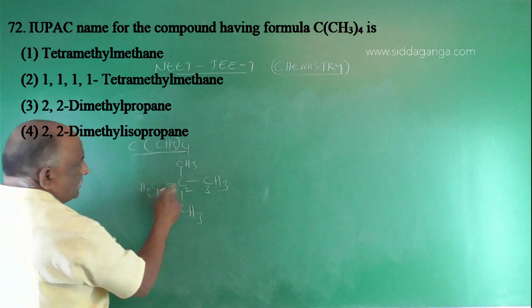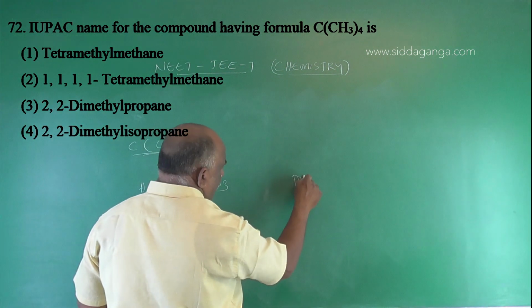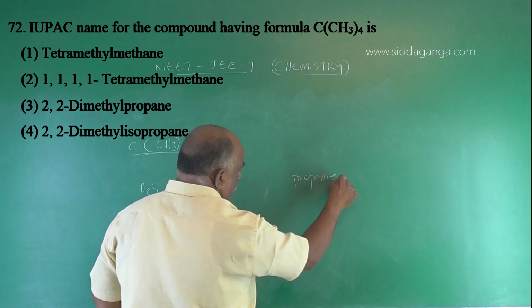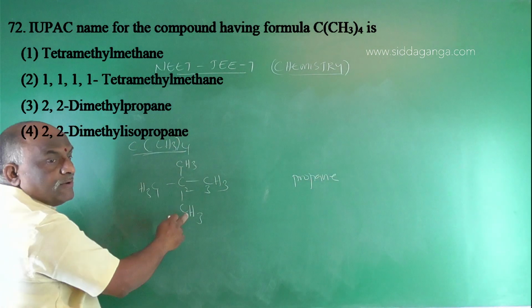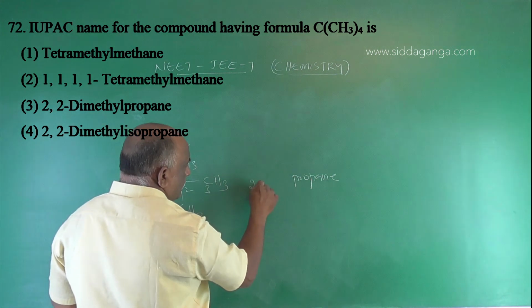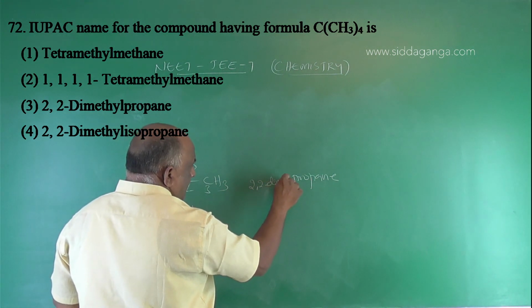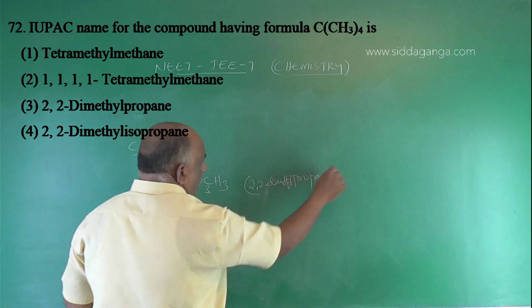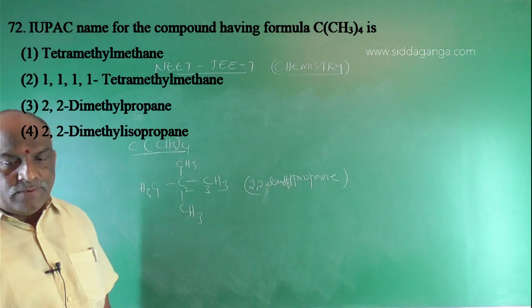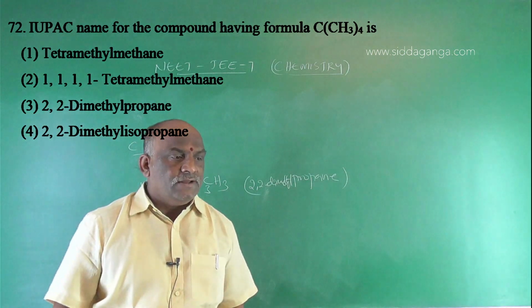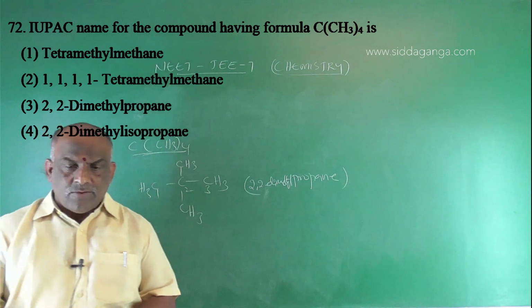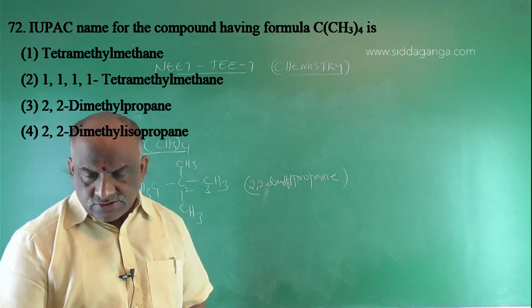This is the formula, 1, 2, 3. Three carbons is said to be propane. Root word prop, suffix is ane, and 2,2-dimethyl. So this will be 2,2-dimethyl propane. 2,2-dimethyl propane is the right answer. So option 3, 2,2-dimethyl propane is right for this question because it is also a concept-background question.